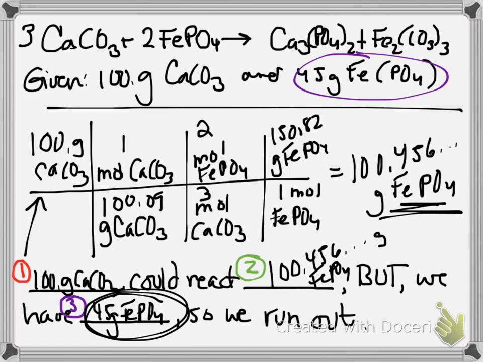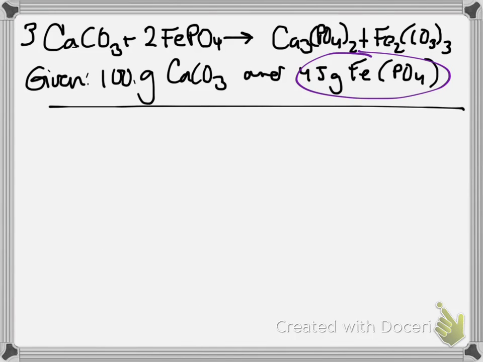We have to do another factor label. If the first answer you get gives you your limiting, you're going to have to do another factor label. Since we found our limiting first, now to find our excess, we need to figure out how much will be left. So we're going to start another factor label, but we're going to start it with our limiting, because that's all that we have. So we're going to start with our 45 grams of iron 3 phosphate.